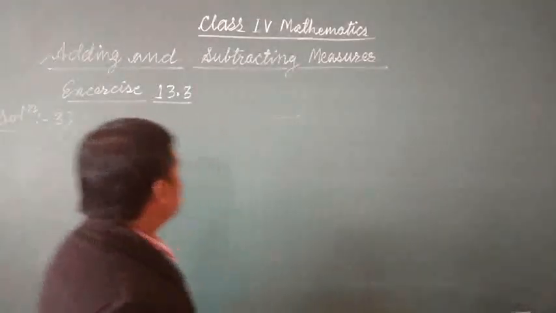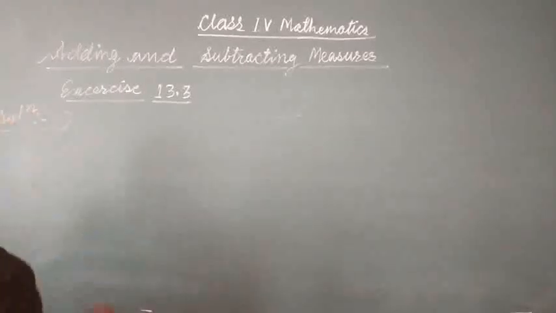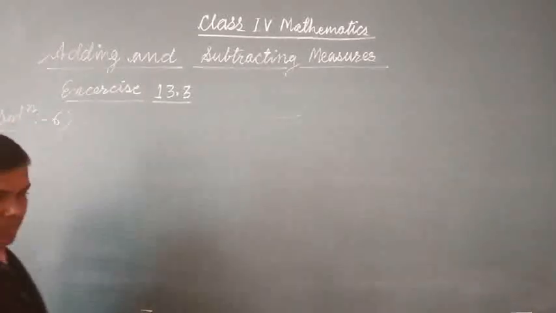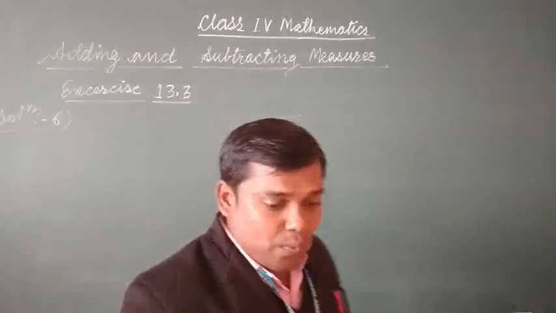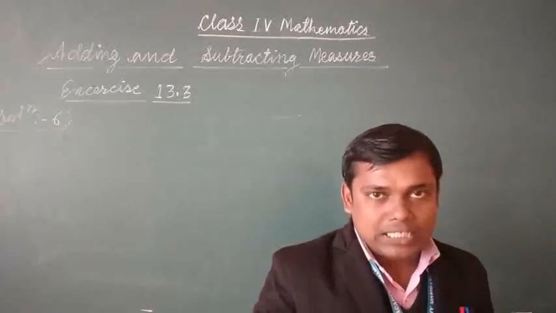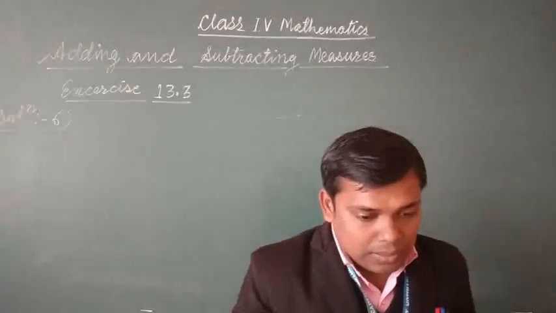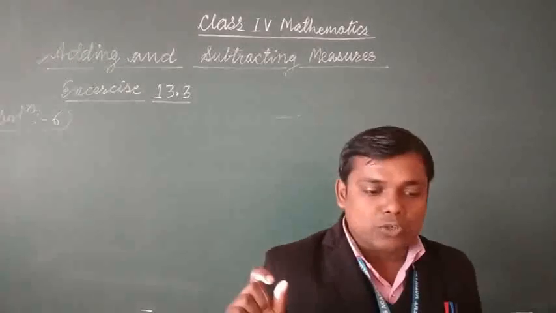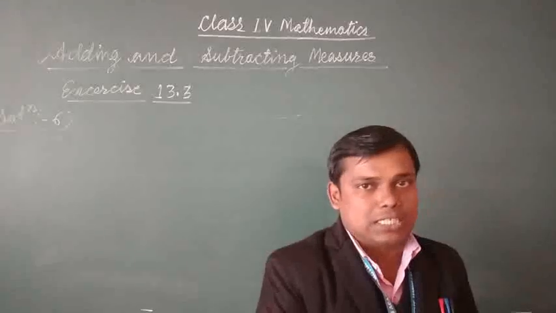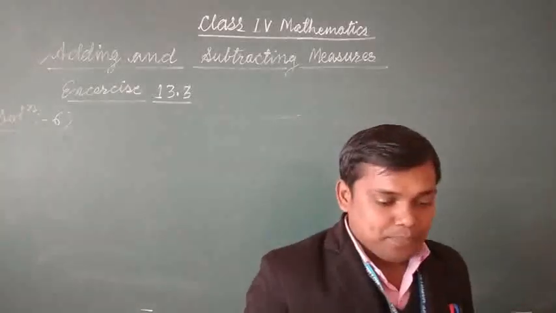So we will solve question like this. Question number 6, we write the weight of sugar in the basket is equal to, the weight of rice in the basket is equal to, and the weight of pulses in the basket is equal to, and then total weight we write.